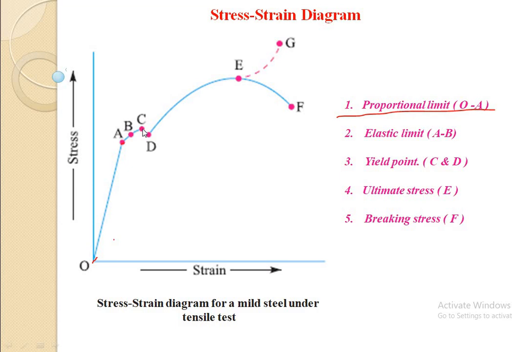Now from the diagram you will see that even though strain increases, there is a decrement in stress. Why is there a decrement in stress? Because at this point the material has reached the plastic stage. It is the phenomenon of grain formation, we can say.